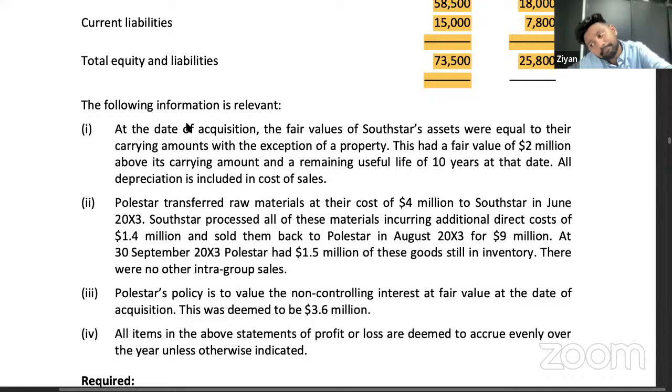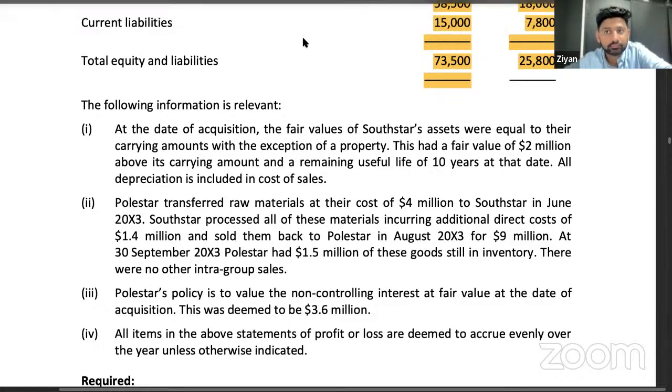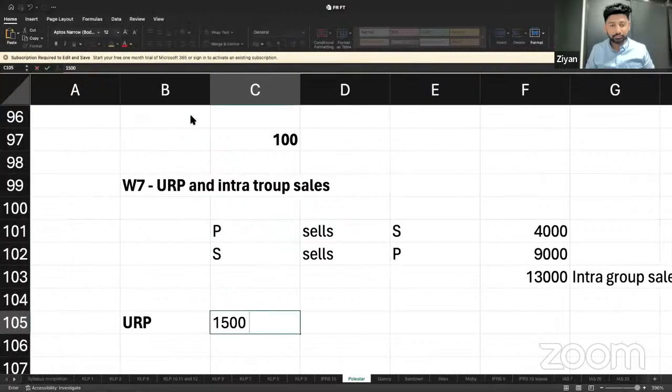Let's see. 4 plus 1.5. How many percent? 40%. 60%. 40%. Let's see.